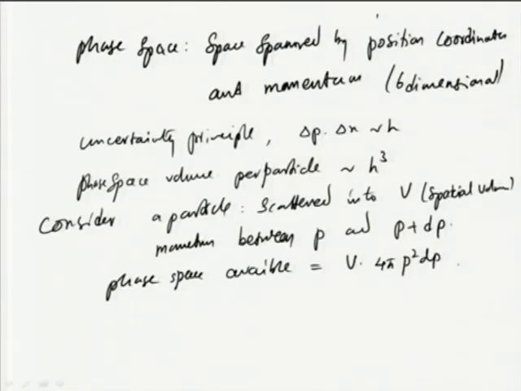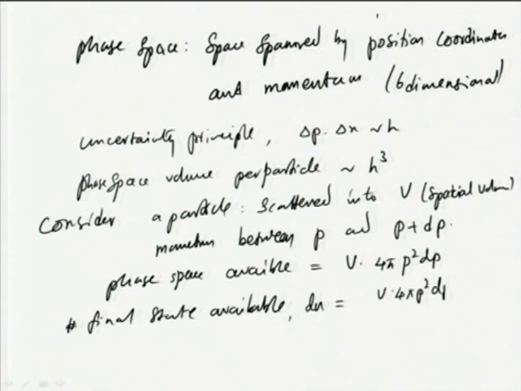So, this is the total volume of phase space available, which means how many particles can be accommodated in this volume is what we are considering. dN is basically the available phase space divided by the phase space volume occupied by one particle, which is h cube.